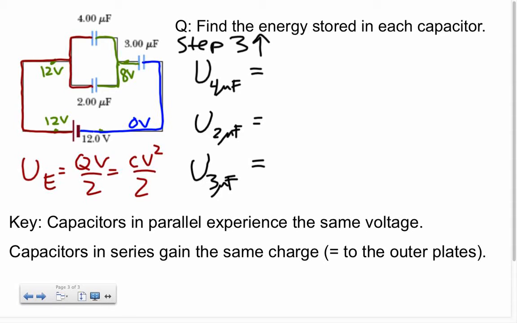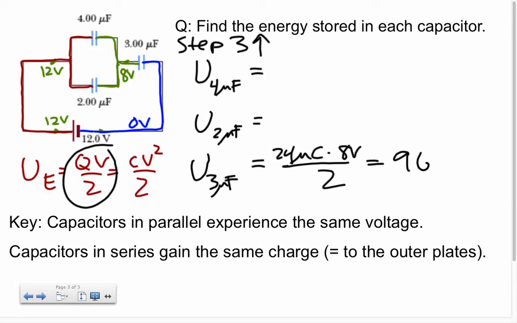There's a couple different formulas for energy. Why don't we just use this one because we already know Q and V for each capacitor? There's 24. Oh wait, maybe we can use that for the 3 one because we know there's 24 microcoulombs times 8 volts of difference. So that's going to give us 96 joules.